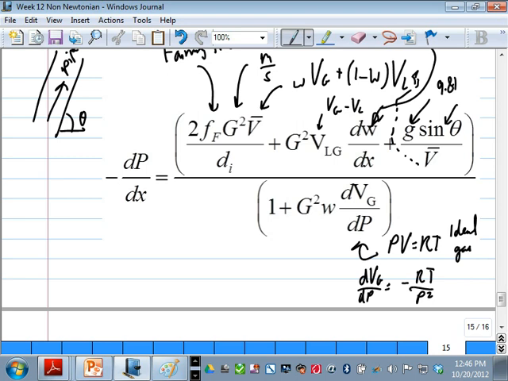How many segments you want to break it up to? It's up to you, but the more segments, the more accurate it will be. If you break it up into, let's say, 5 segments, after the first segment, work out what the pressure there is. Work out the conditions there, and then use that to extrapolate the pressure drop in the next segment and so on. And then add it all up together. Does that make sense?